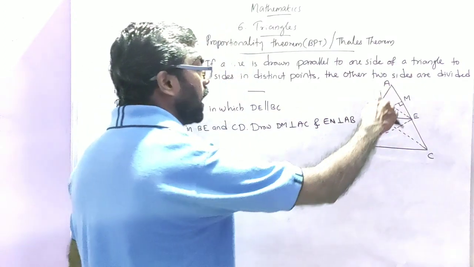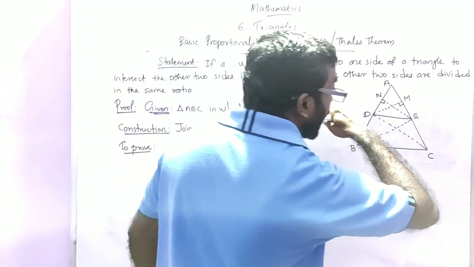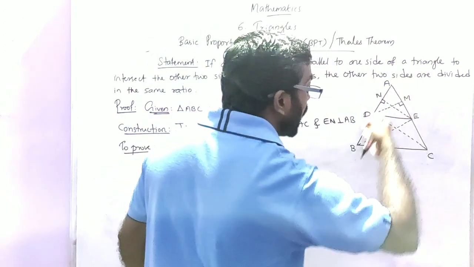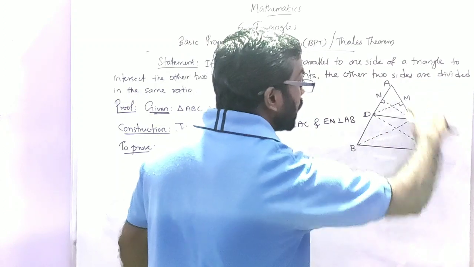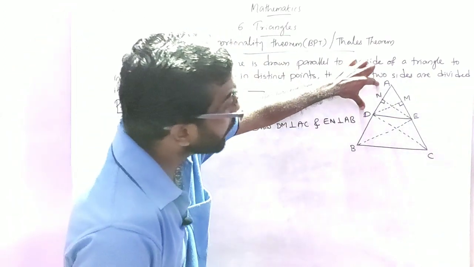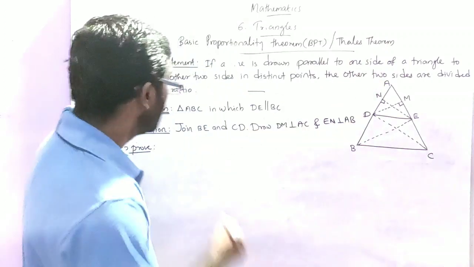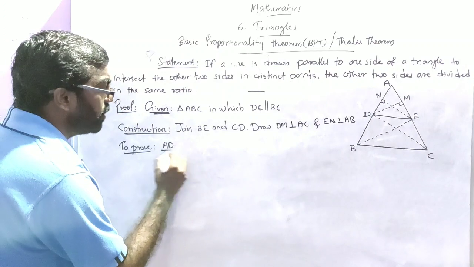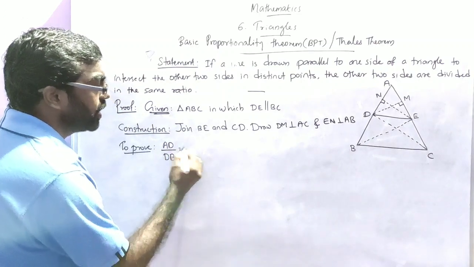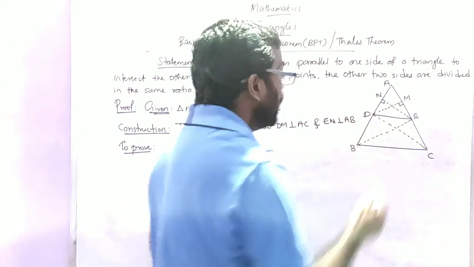So AB and AC are divided in the same ratio. Clearly the line DE divides AB into two parts and AC into two parts. So the ratio becomes AD by DB, which is equal to, on the right side, AE by EC.